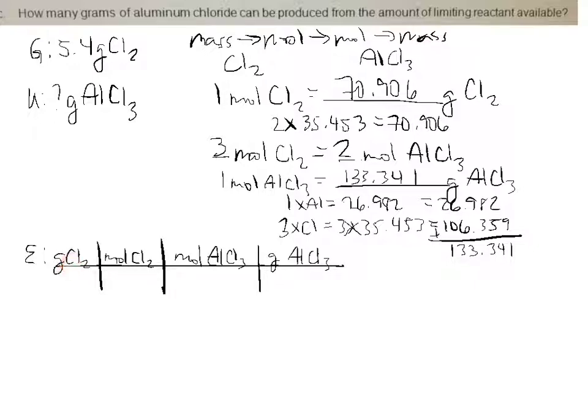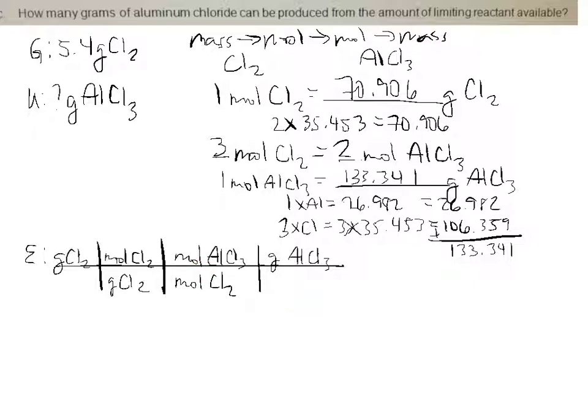So we start here with the grams of chlorine gas, which means we need grams of chlorine gas down here. And we keep going. We've got moles of chlorine here, which means we need moles of chlorine underneath so that unit cancels. And finally, we've got moles of aluminum chloride.